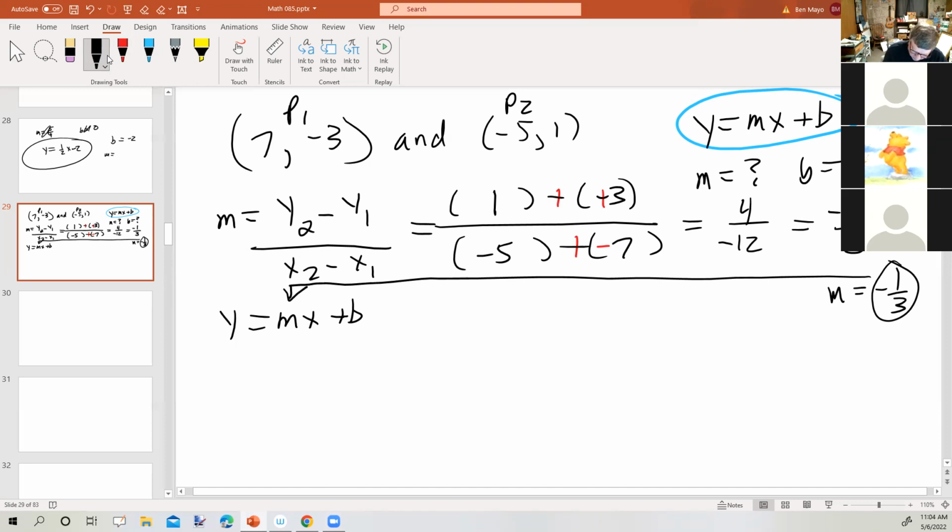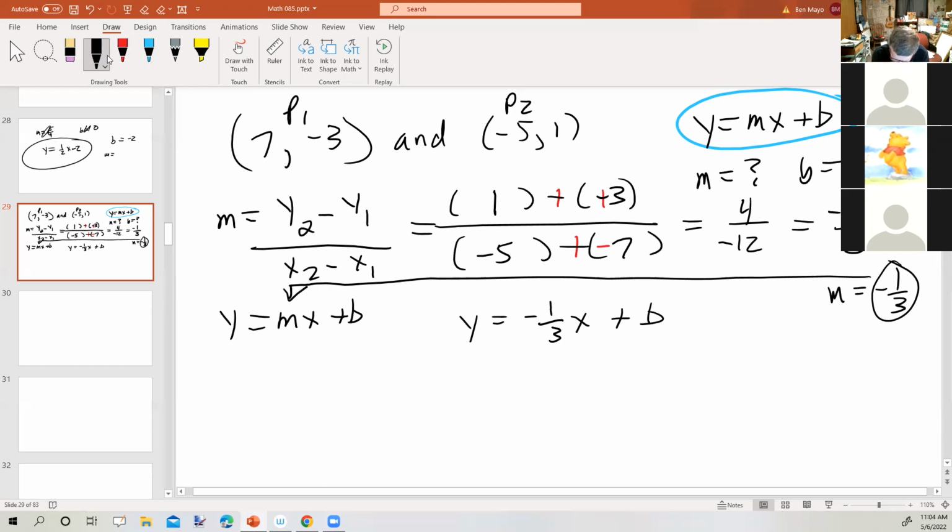So from there, I get y equals -1/3 x plus b. I'm halfway home. I've got my slope. I don't have the y-intercept yet. Okay. So far, so good?